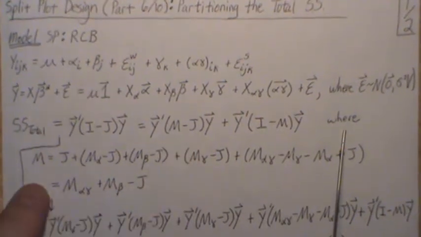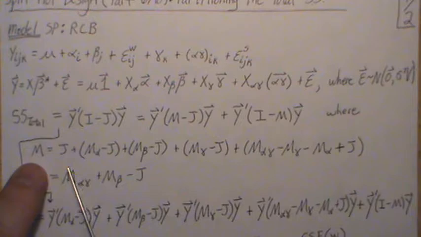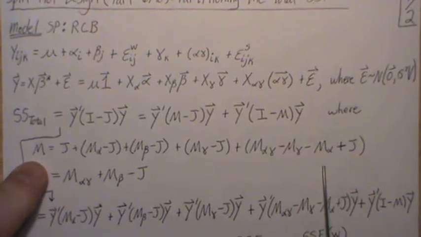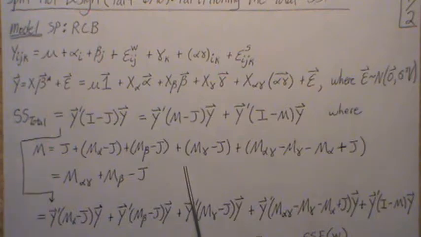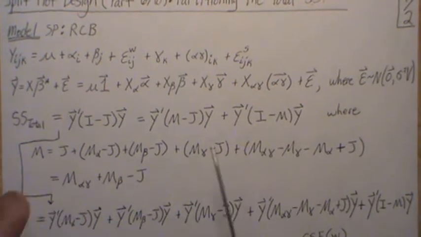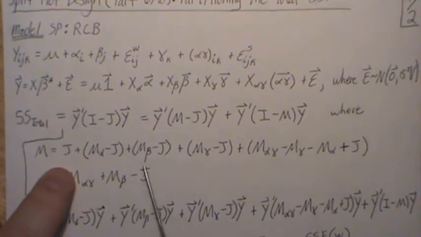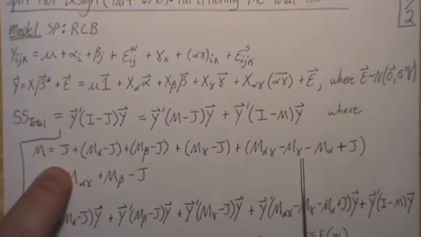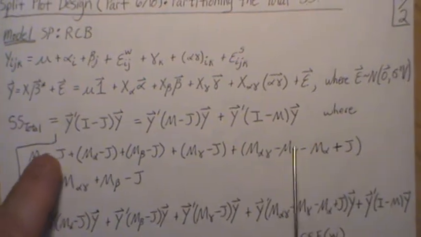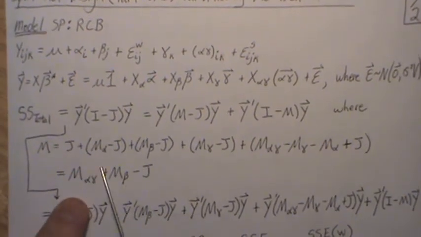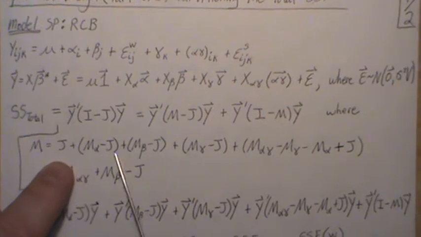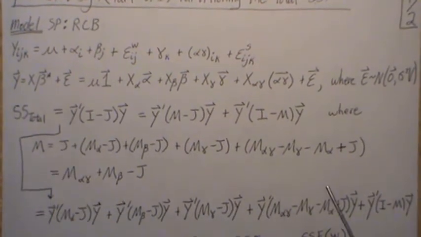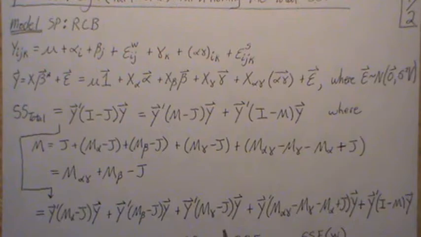And as a reminder, M can be broken down into this, and we spent quite a bit of detail on orthogonalizing each of those column spaces, and then you add up the perpendicular projection matrices for those different column spaces and you get this. Of course, you can add those again and it boils down to this, but we want to leave it in this setting here because it creates orthogonal column spaces.